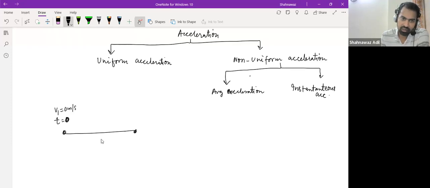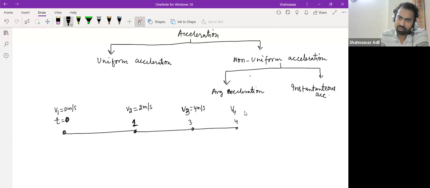At 1 second, the velocity is 2 meter per second. At 2 seconds, v3 is 4 meter per second. And at 3 seconds, v4 is 6 meter per second, right?